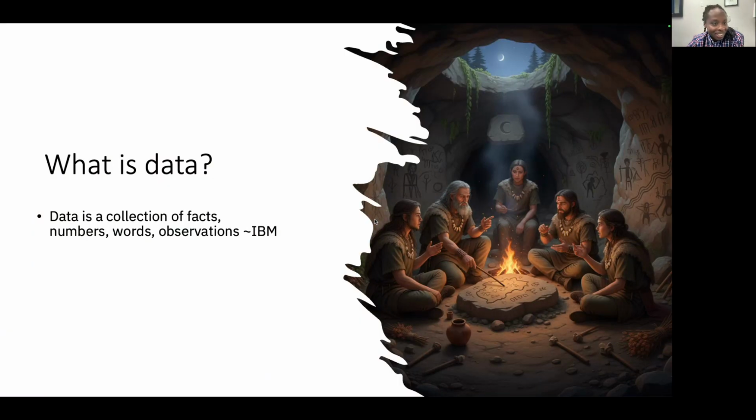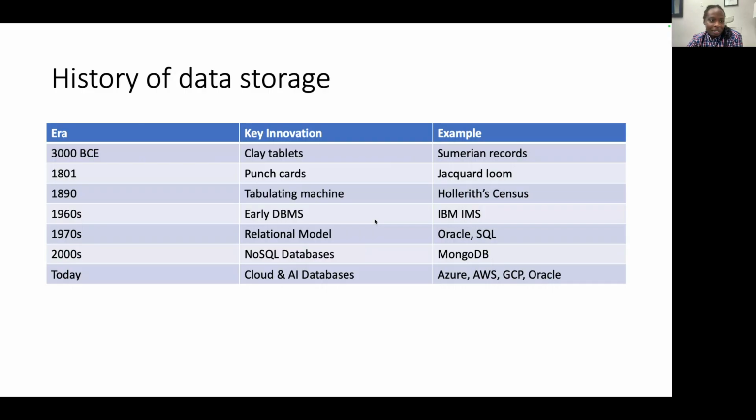According to IBM, data is a collection of facts, numbers, words, and observations. Way back since 3000 BCE, we started storing data, because the more data you have, the more information you can get and the more you can analyze. So in 3000 BCE, we had clay tablets in the Sumerian records, 1801.